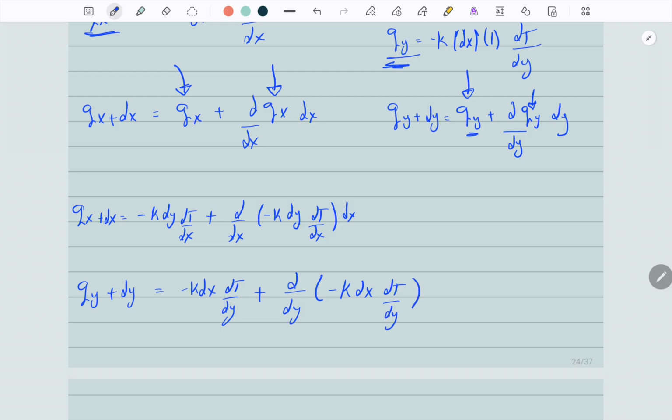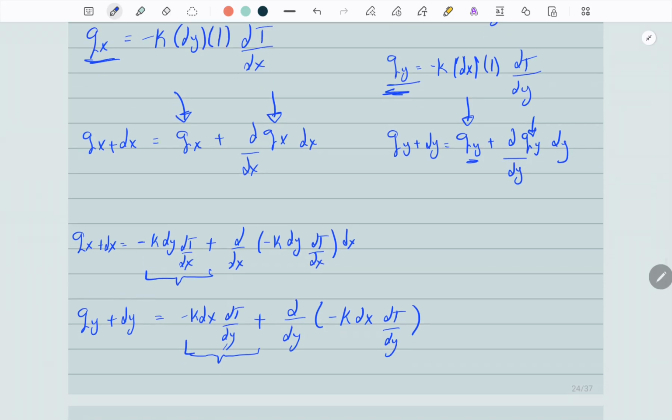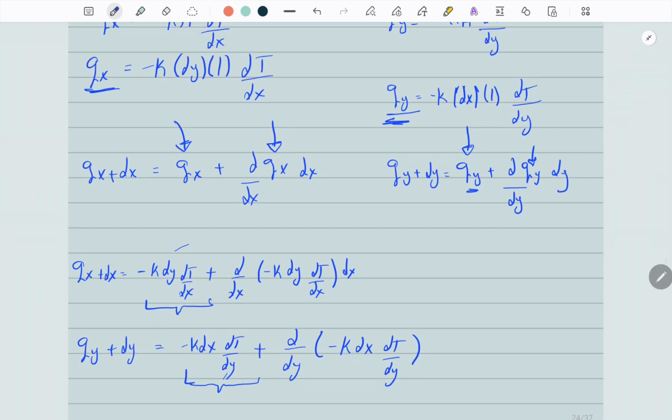Don't worry, most of these terms are common, so they're going to cancel out later. You'll notice that in the energy balance. For example, this here and this here and this, they're repeated terms, so they'll cancel out later and it'll be tidier than this.